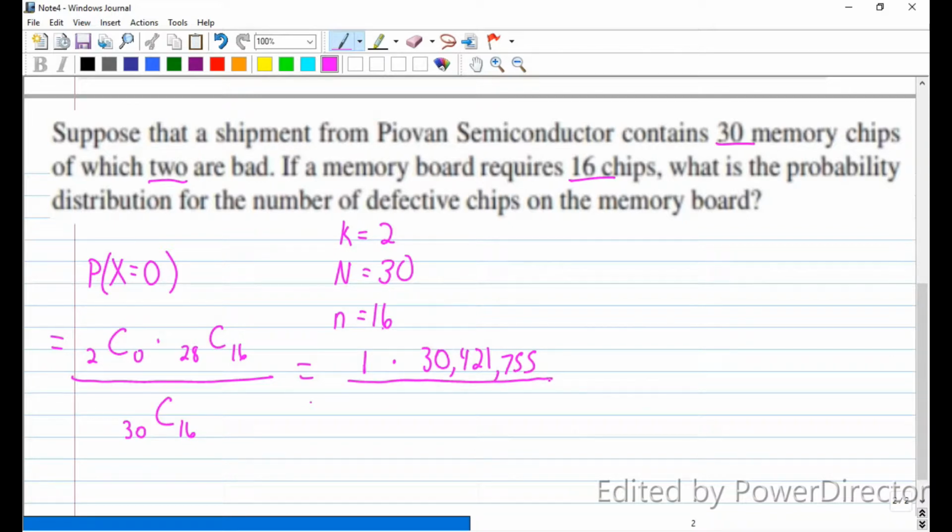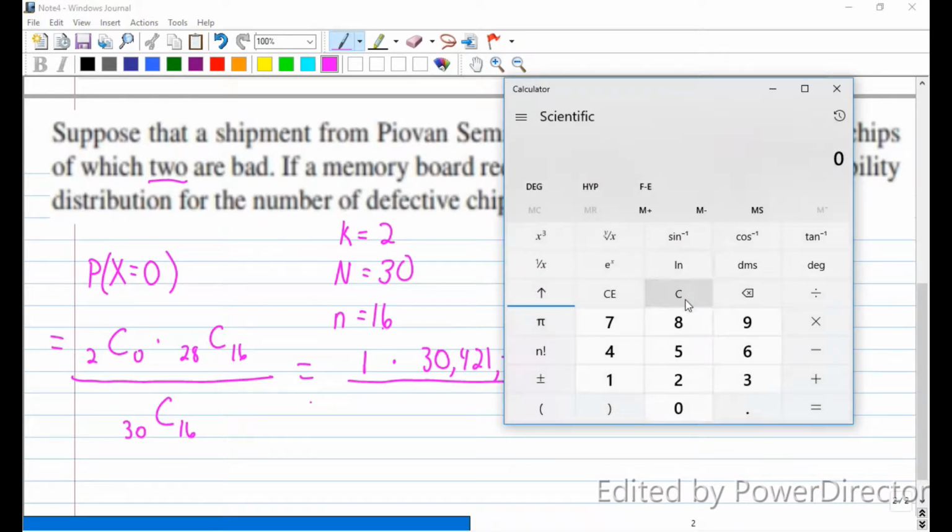Divided by, now I got to do 30 C 16. So that's 30 factorial. See, look, it's so big my calculator won't even store it. So I'm hoping it doesn't do some rounding here. So 30 factorial divided by, what's that going to be, 14 factorial.